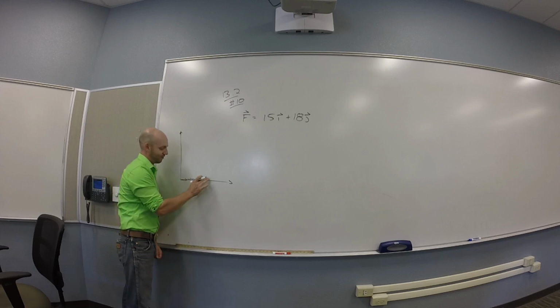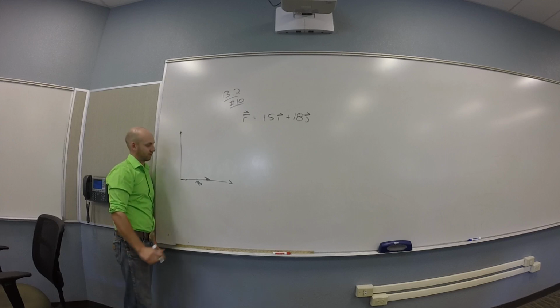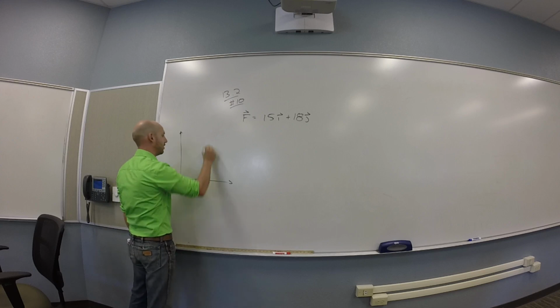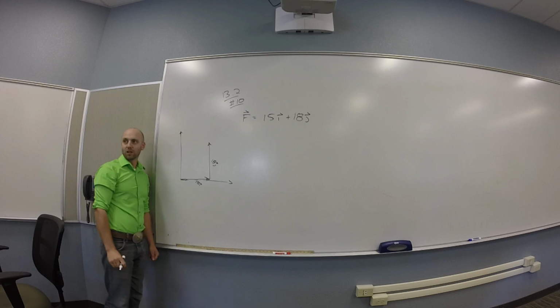Okay, so I'm going to just do this. I'm going to say there's a vector 15i, right? And then what? 18 up for y, for j. So then there's an 18j vector here, which is just a little longer, right?